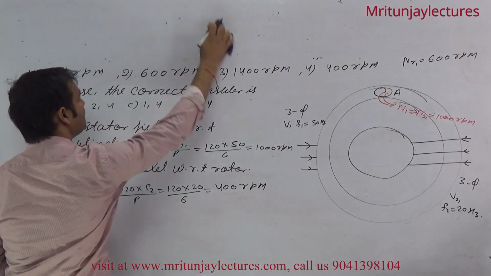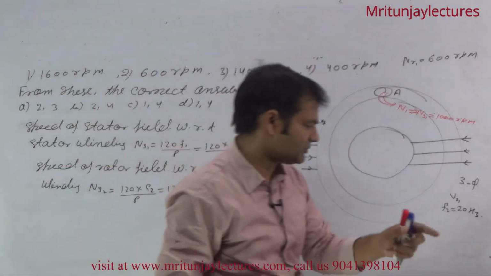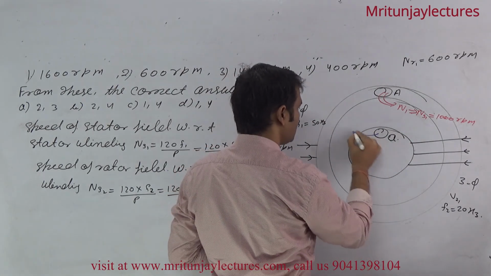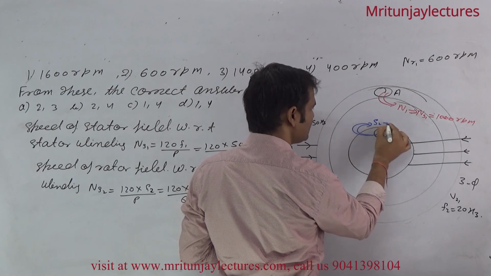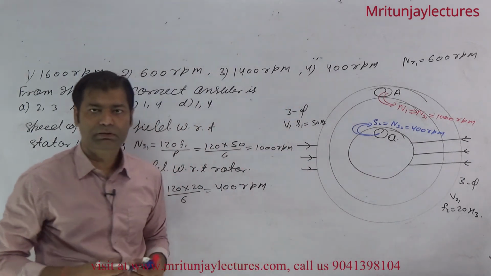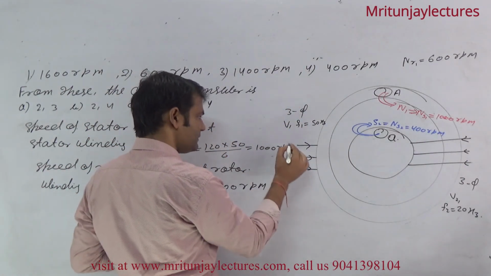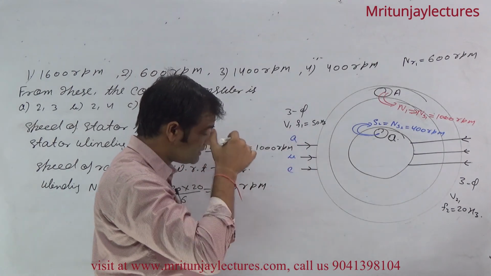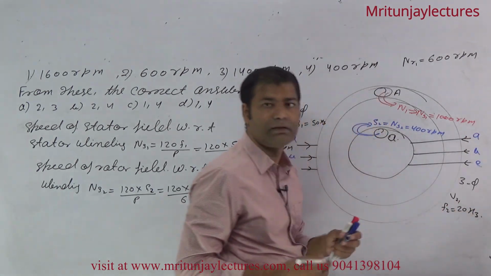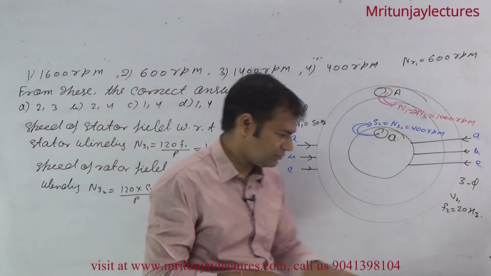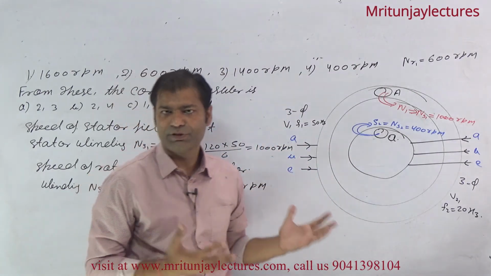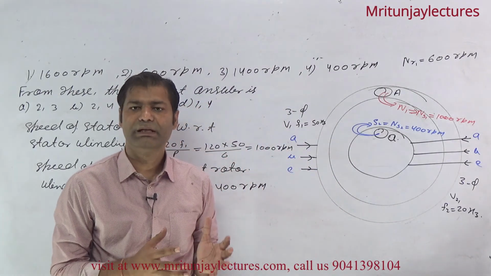What is our motto? There are two possibilities. This is A. That is NS2, that is 400 rpm. Clear? There are two possibilities. Suppose the supply phase sequence on the stator is ABC and on the rotor also ABC, or you can say positive sequence on both stator and rotor sides.